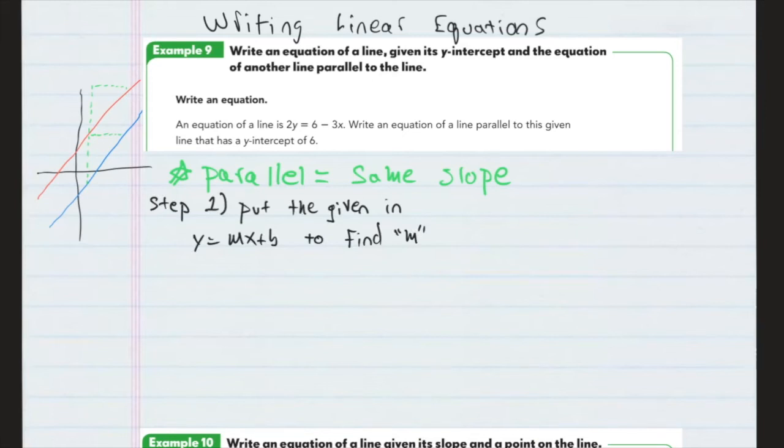So we're given the equation 2y equals 6 minus 3x.